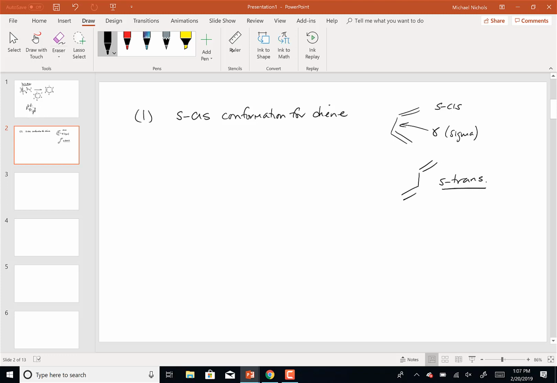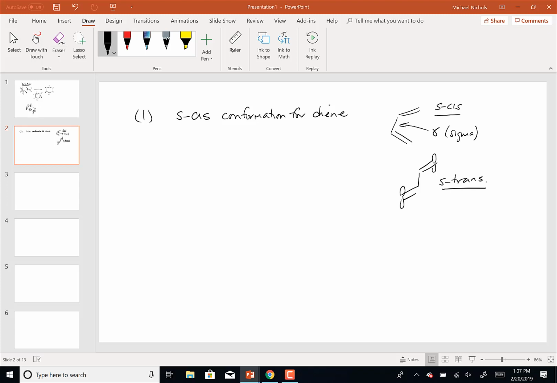The spacing is only good to do a Diels-Alder if it's in the S-cis. If it's in the S-trans, carbons 1 and 4 are too far away from each other to sit right on top of the alkene. So the conformation for the diene has to be S-cis.